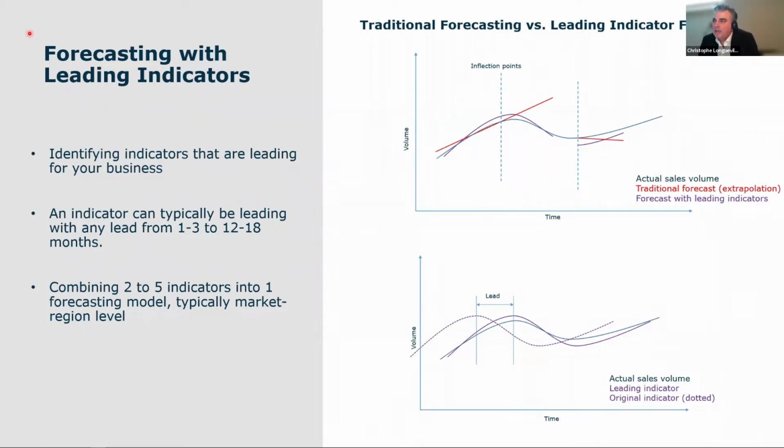With leading indicator forecasting, we can do that, and as I said, we can do that with typically a horizon of, let's say, 3 to 9 months. And the leading element, you see it illustrated on the bottom of the graph here. You see the dotted line, which is the original leading indicator.